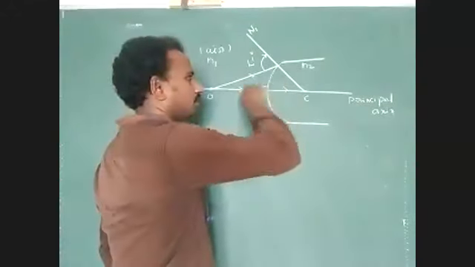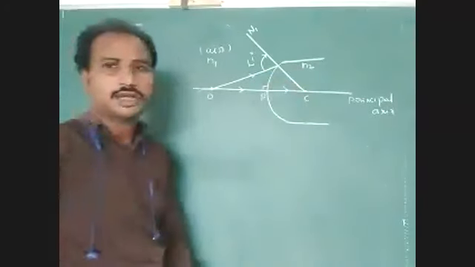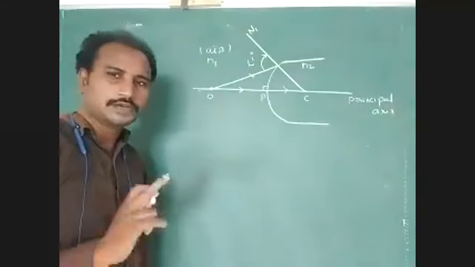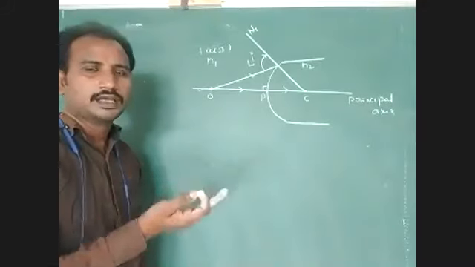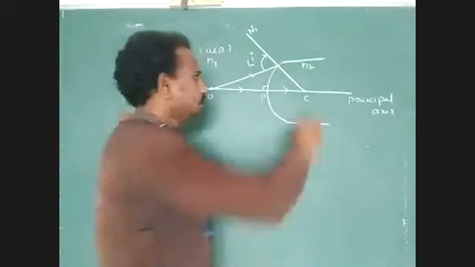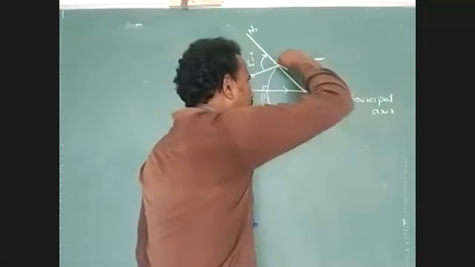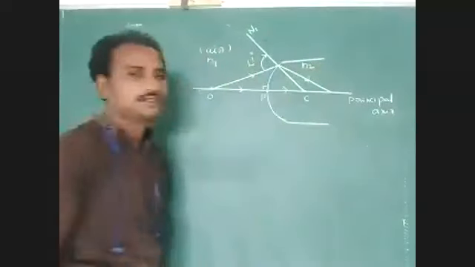Here the incident ray travels from a rarer optical medium to a denser optical medium. If any ray of light travels from a rarer optical medium to a denser optical medium, then the refracted ray bends towards the normal.